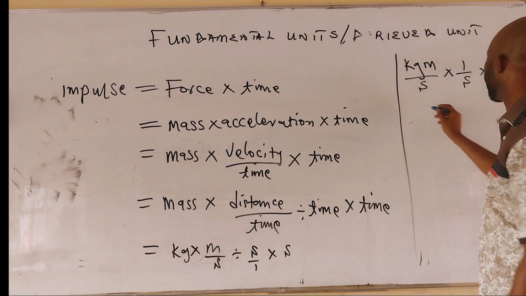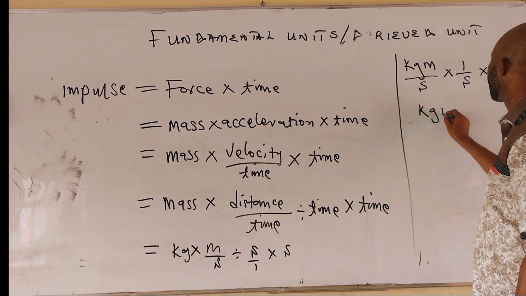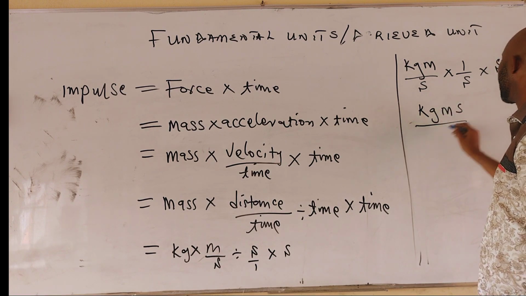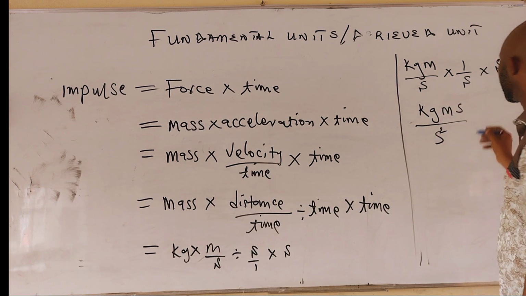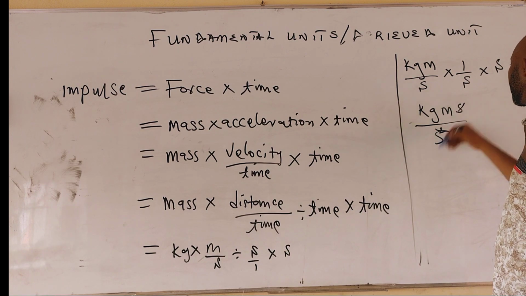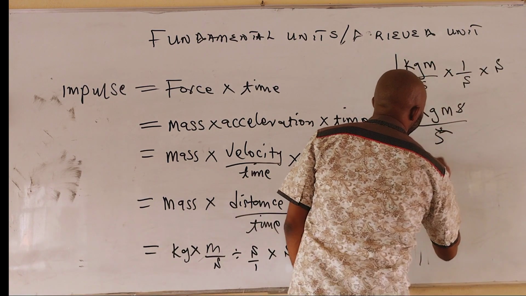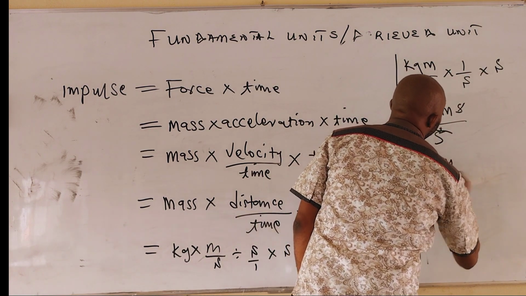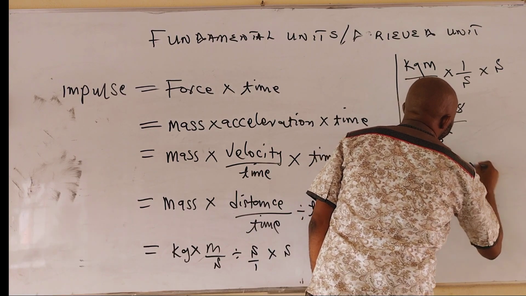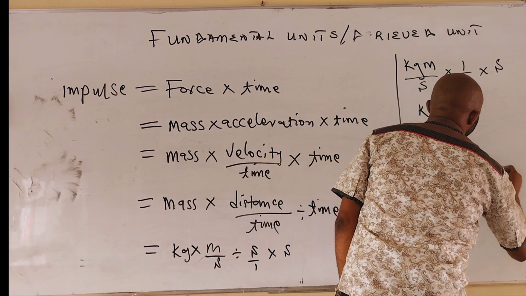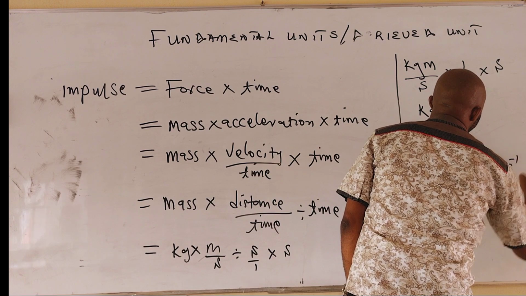So this gives me kg meter second over second squared. So this can be cancelled. This will go with this. So I now have kg meter over second, which is the same thing as kg meter x minus 1.